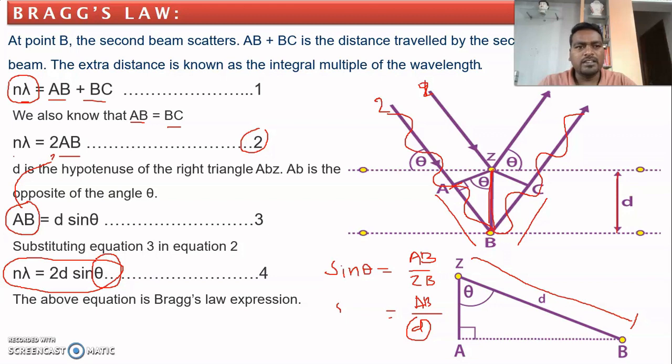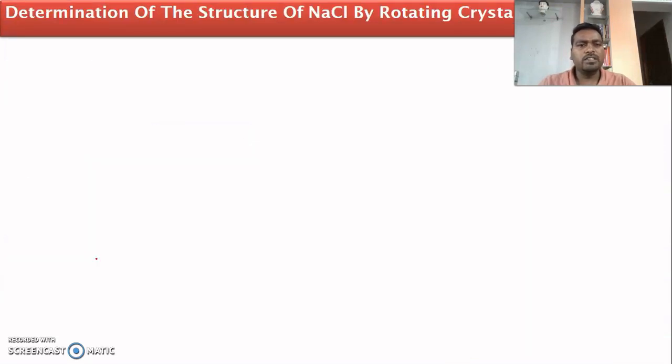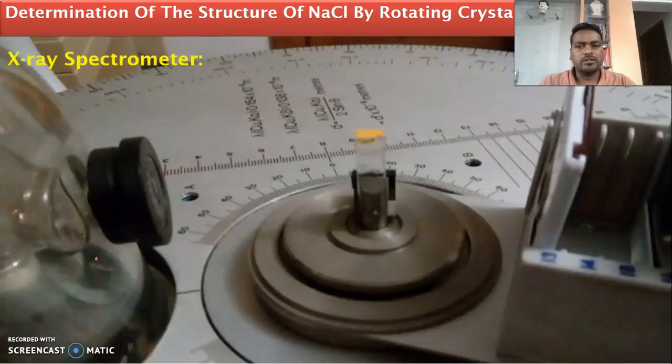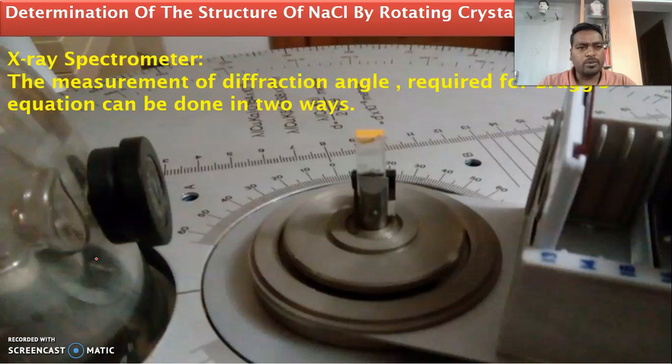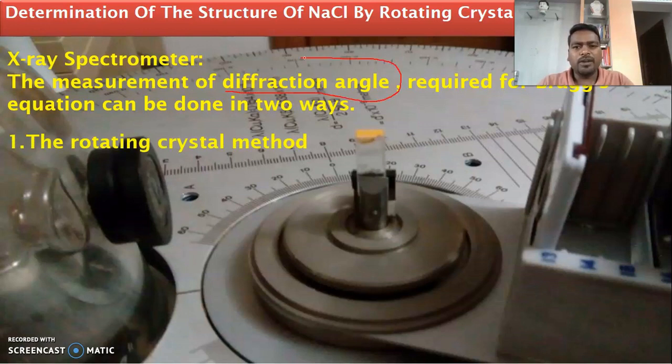Now let us see the determination of the structure of NaCl by using the rotating crystal method. X-ray spectrometer or X-ray diffractometer. As I said, this X-ray diffractometer is used to identify the diffracting angle.